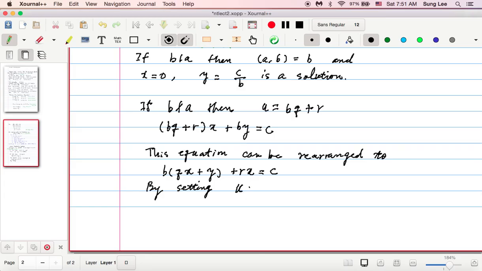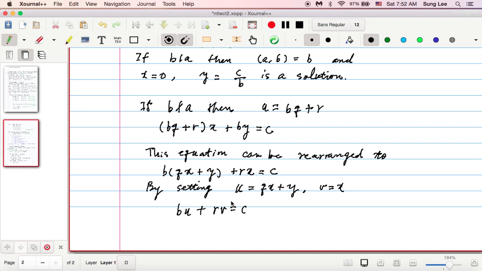U equals QX plus Y and V equals X. This equation can be written as BU plus RV equals C. So we end up getting another linear Diophantine equation with these new variables U and V and the coefficients B and R. In fact, we can repeat the process.